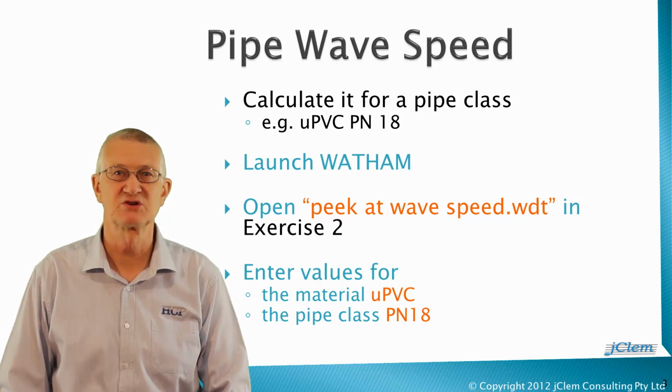Your mission is described in the workbook at or near page 37. Your mission is to take the manufacturer's internal diameter and thickness data and type it into the table inside WATHAM for the UPVC PN18 pipe class. Manufacturer's data is available at about page 38 of your workbook.